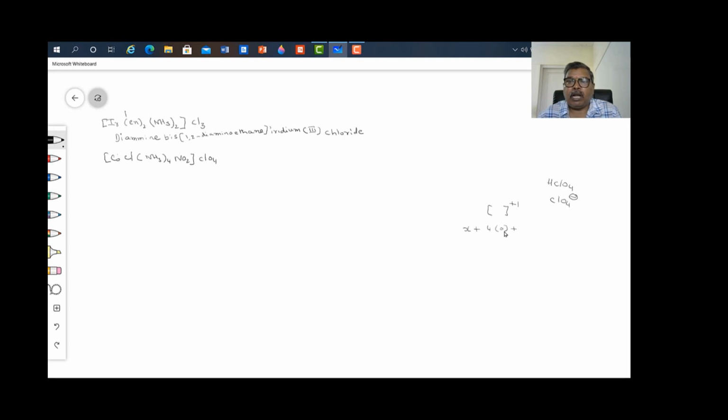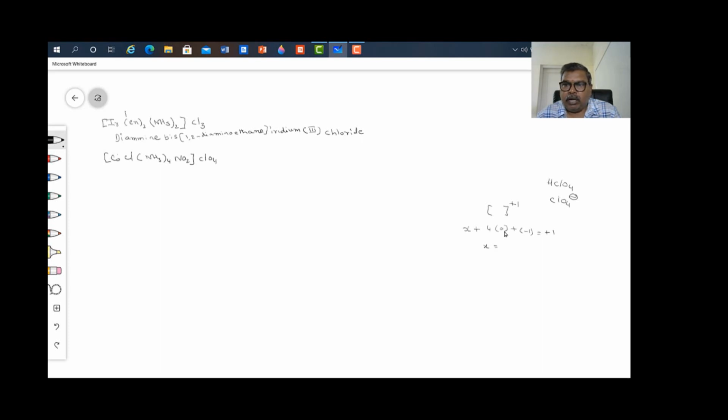So therefore nitrogen is the donor. So it is -1 equal to +1. So therefore x equals 4 minus 1 plus 3, right?